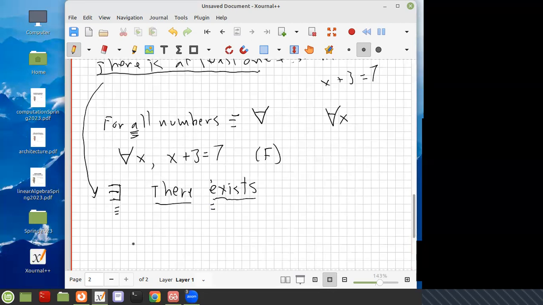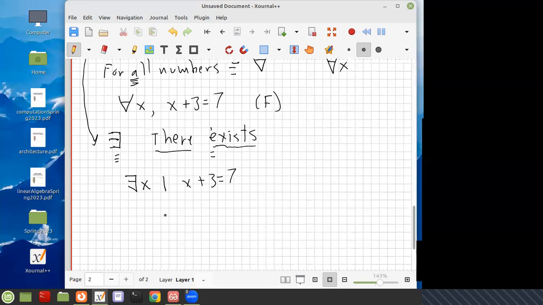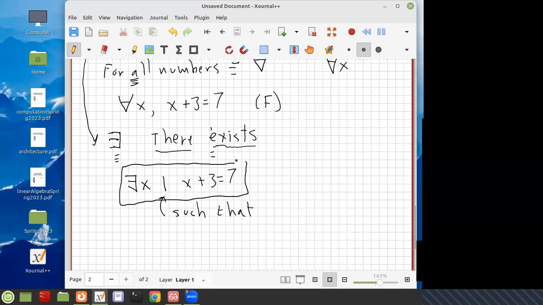So I could make the similar proposition, there exists an X such that X plus 3 equals 7. So this vertical bar is also used as a symbol for the words such that. So even though this looks sort of cryptic or is compressed, you can read this as there exists an X such that X plus 3 equals 7 is true.